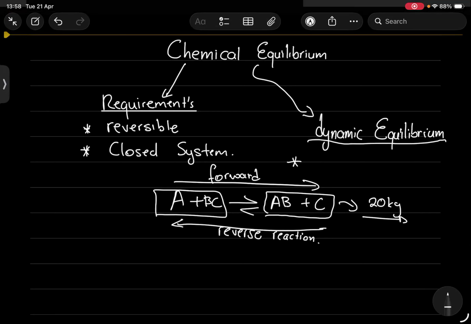If the forward reaction produces 20 kg, for instance, it means the reverse reaction will produce the same amount as the forward reaction produced. Do you understand, guys, so far? Yes, sir. You get it? So it means the time it will take for a forward reaction to occur.